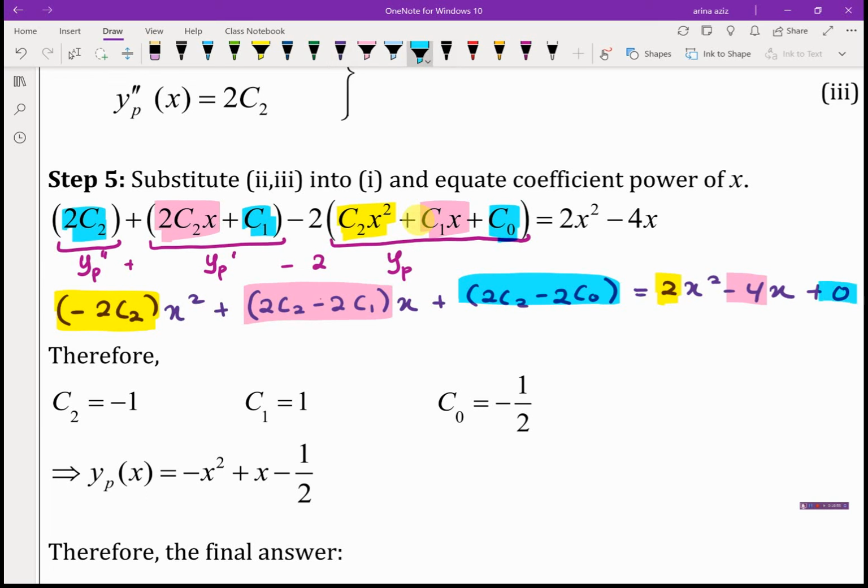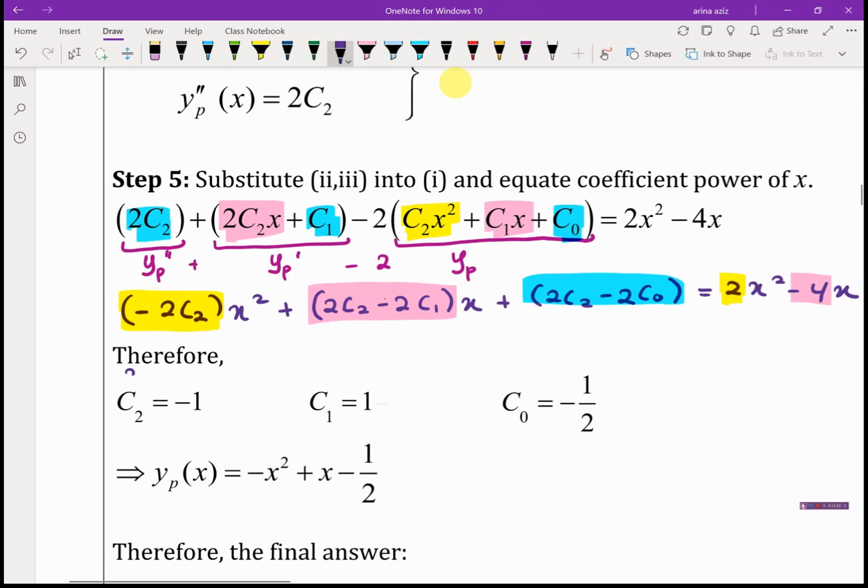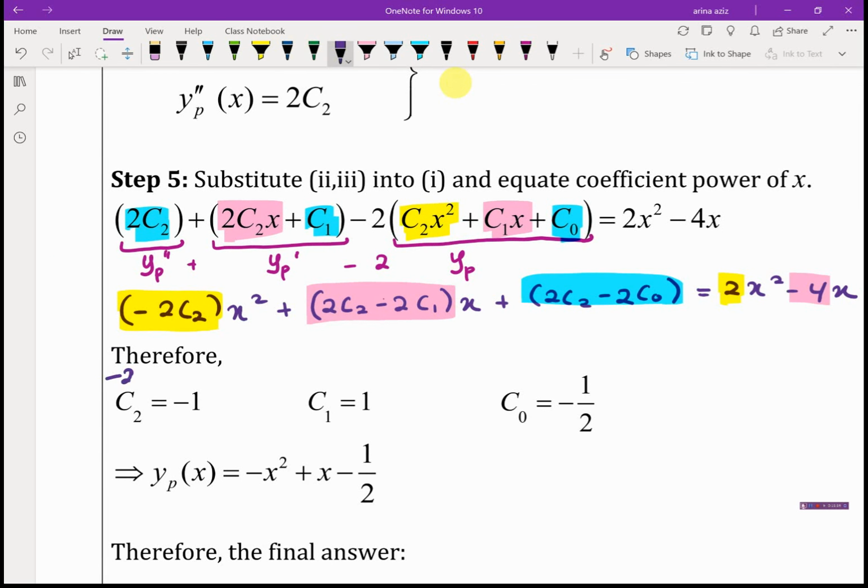So if we compare, it is equal to 0. If we take the coefficient for x squared, we have negative 2c2 equal to 2. So we got c2 equal to negative 1. And then we have 2c2 minus 2c1 equal to negative 4.